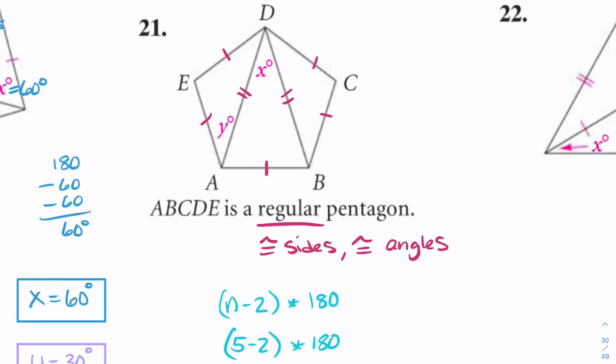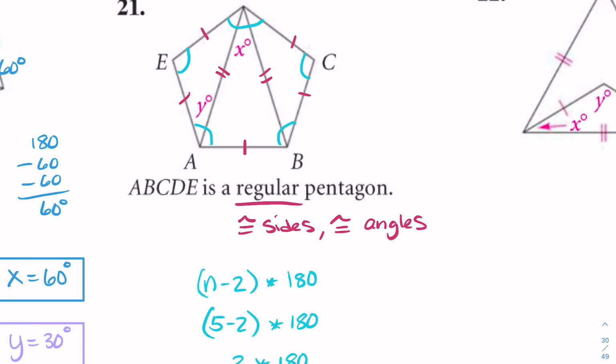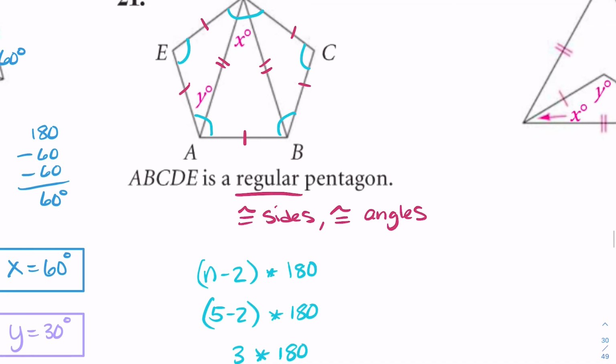So that means, ready for this? All the triangle angles add up to 540, but there are 5 angles in general.